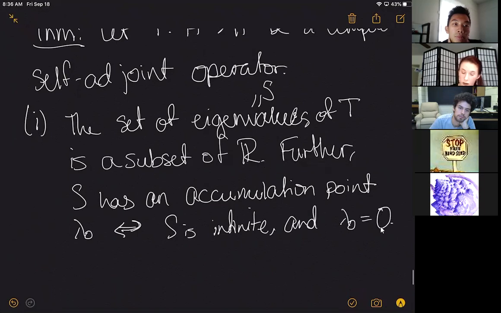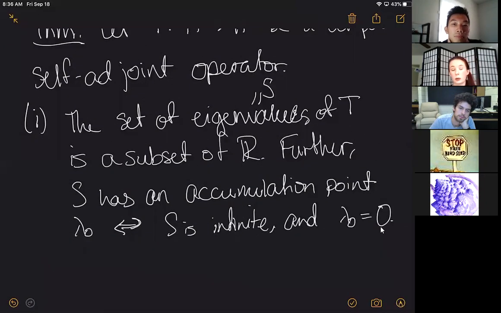So the only accumulation point that the set of eigenvalues can possibly have is 0, and that only happens when S is infinite. If S is infinite, then it has only one accumulation point, and that accumulation point is 0. Okay.